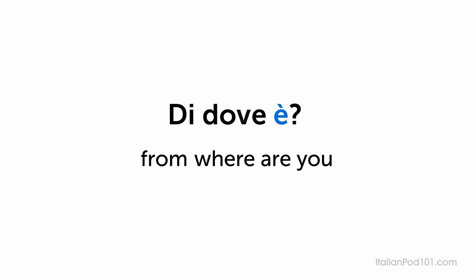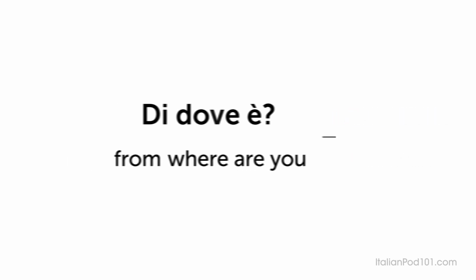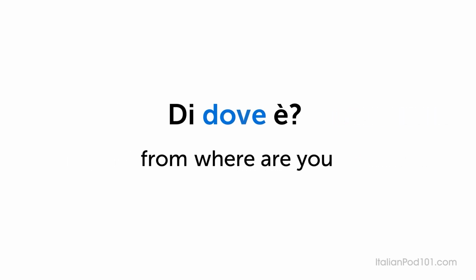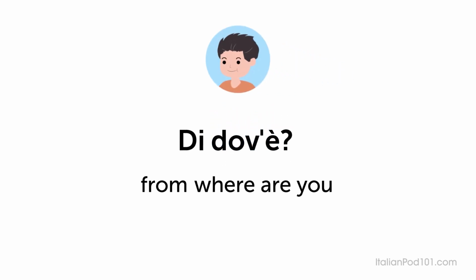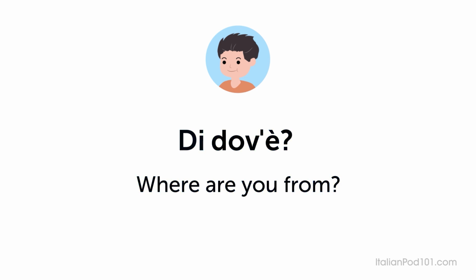È is from the verb essere, meaning to be. Dove is contracted with è to form dov'è. Altogether, di dov'è, where are you from? Remember this question. You'll hear it again later in this lesson.